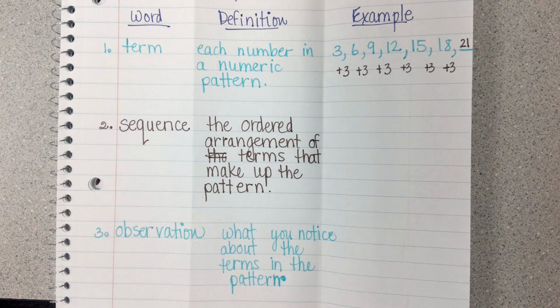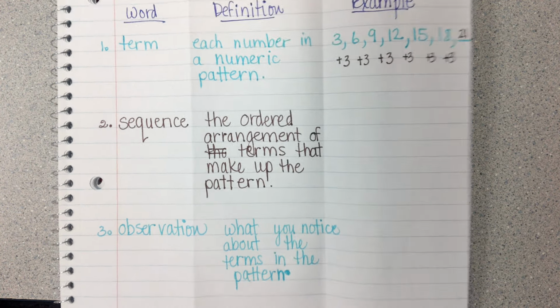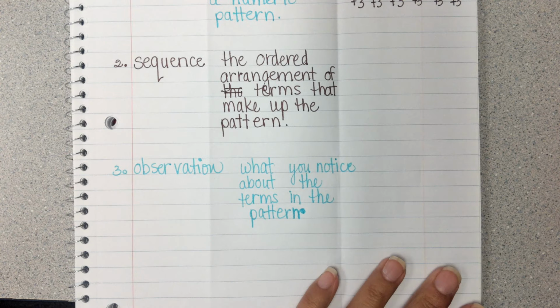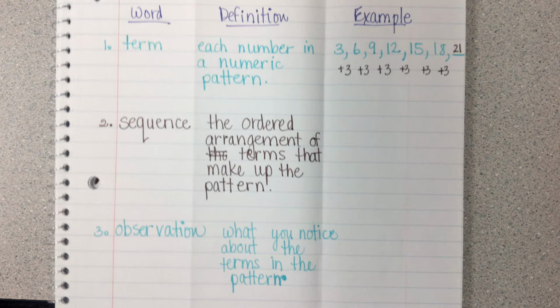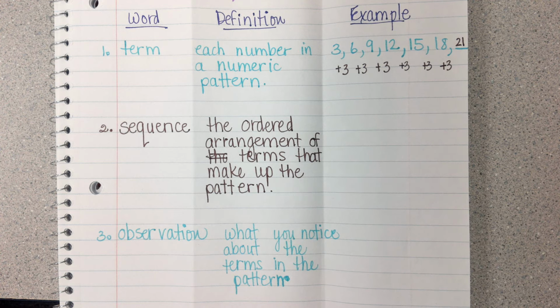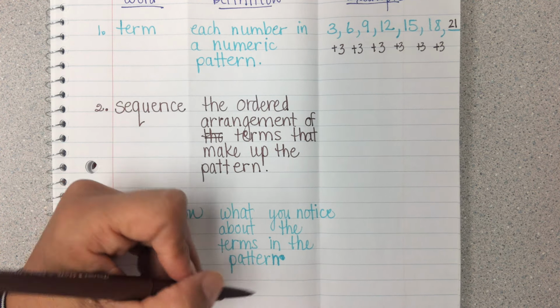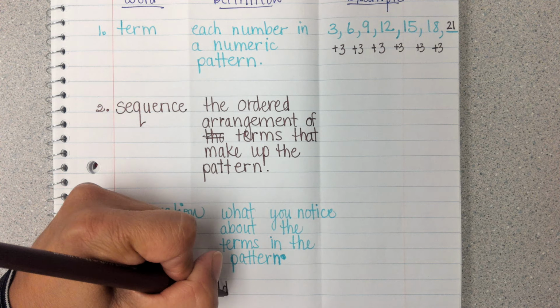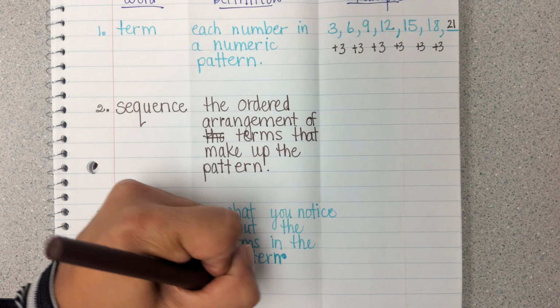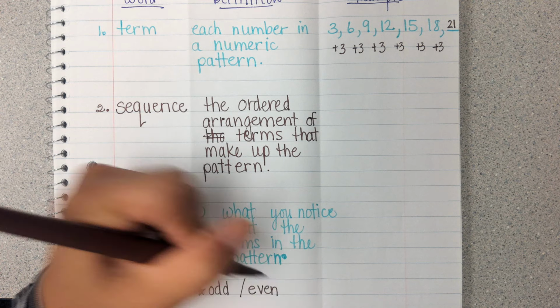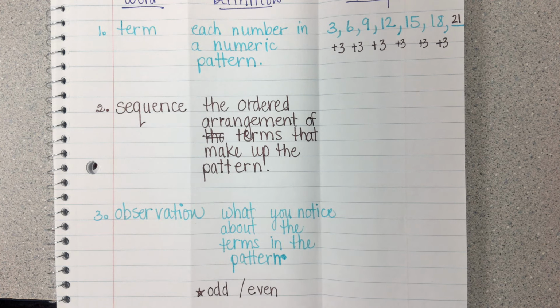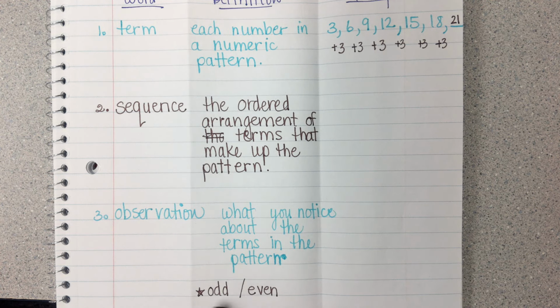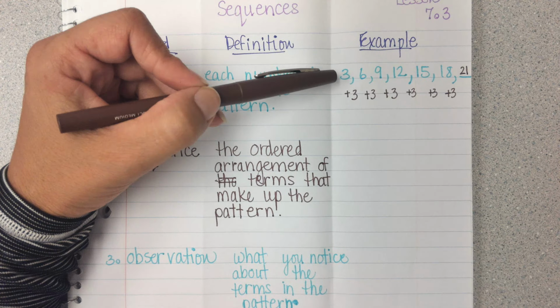Okay, so some examples for observations you may make will be whether the numbers are odd followed by even or vice versa. So I think this observation applies to the example.